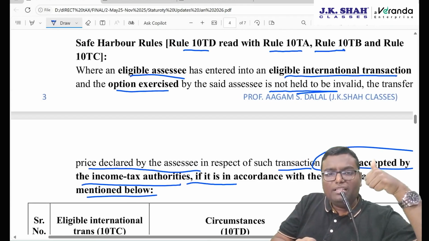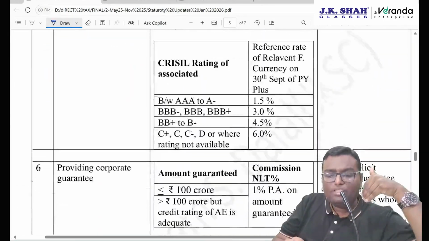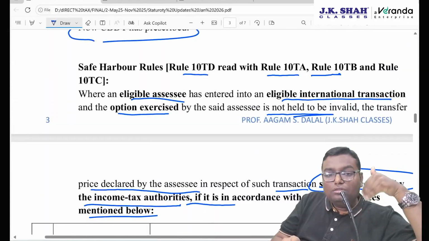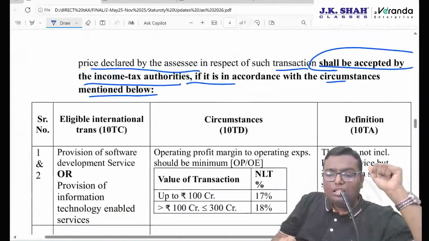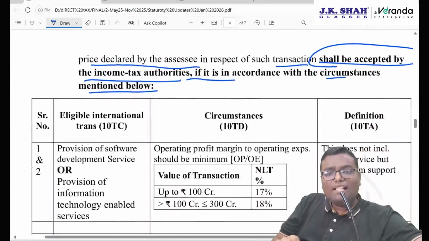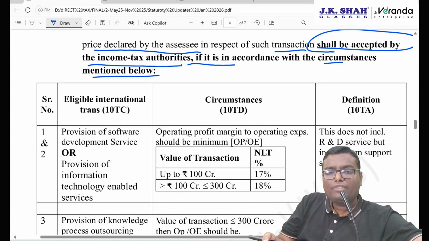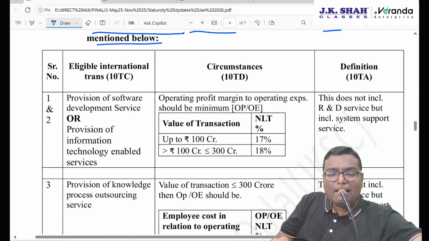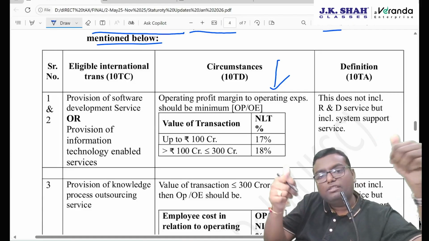So the assessee should be eligible, doing the international transaction mentioned over here. Only those transactions should have been entered which are mentioned over here. The assessee has applied for this by filing a separate form, and that has not been rejected by the income tax officer. Then whatever arm's length price is declared by the assessee in accordance with this will be full and final.